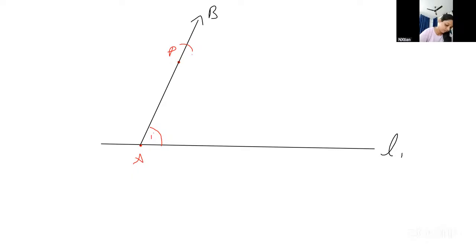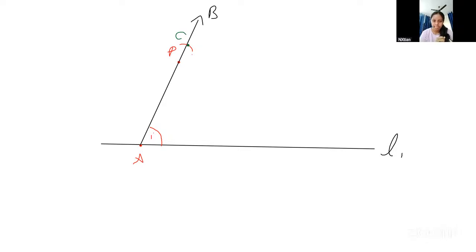Name this point C. Done, ma'am. Done? Okay. Now at P, draw angle 2.